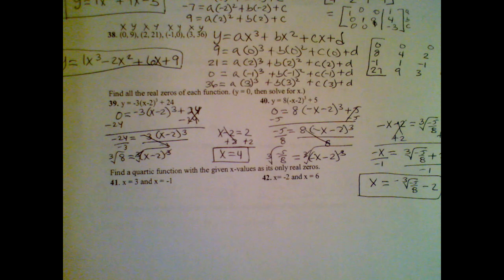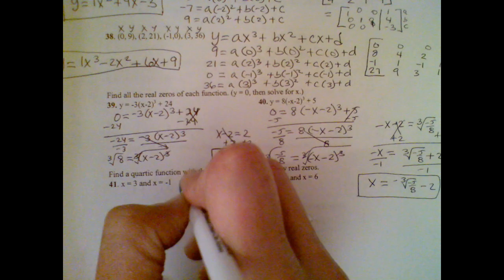Alrighty, for the next one it says find a quartic function with the given x values. So for this, quartic means 4 solutions. It does say that these are the only real solutions, so that means the other 2 have to be imaginary. You can use any 2 imaginary solutions, just make sure that they're opposites of one another.